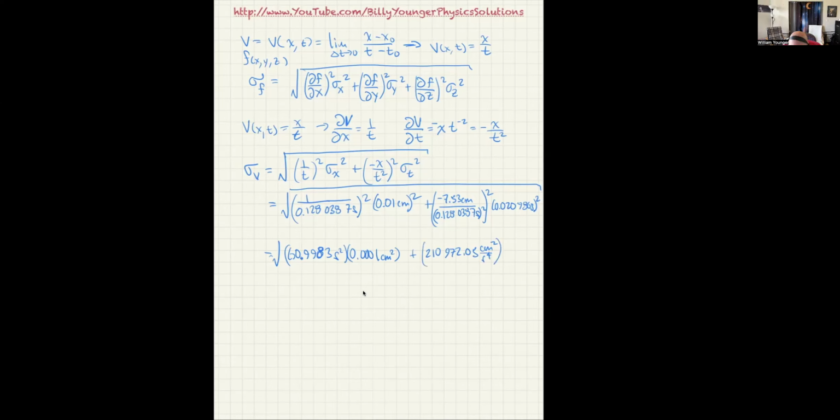Now I got to take 0.020986, and I got to square that, and that is 0.000440412. And this is seconds squared. So that's the last factor. And of course, I got the square root of all that. It's got to be taken.